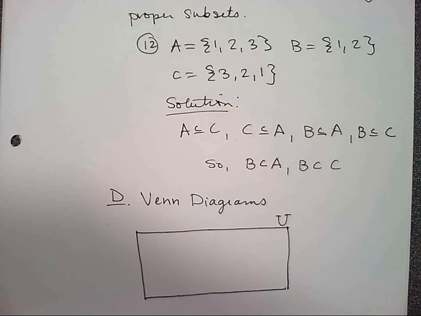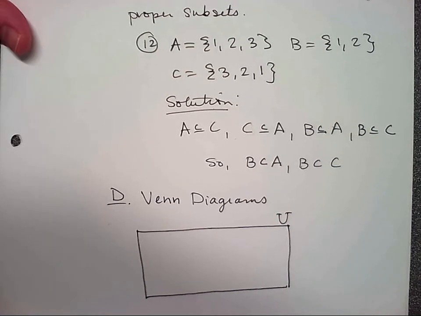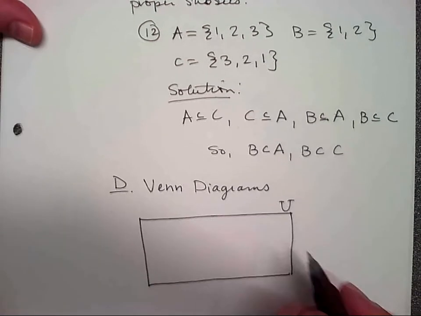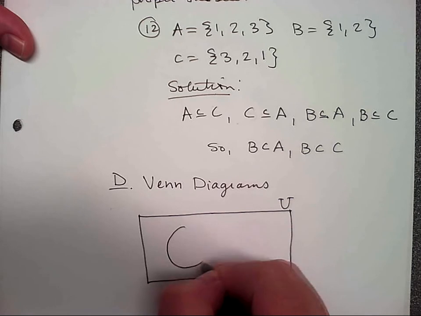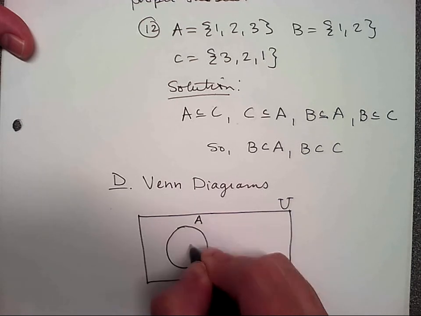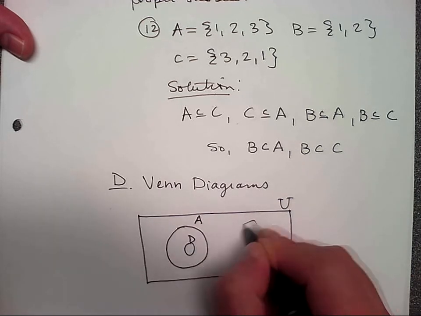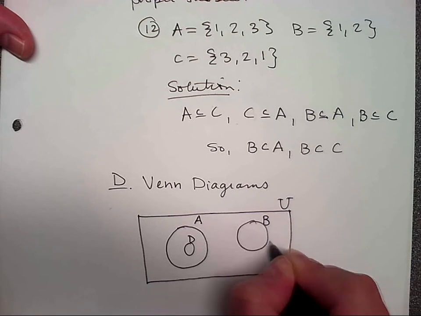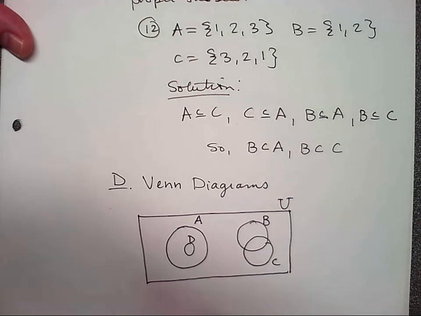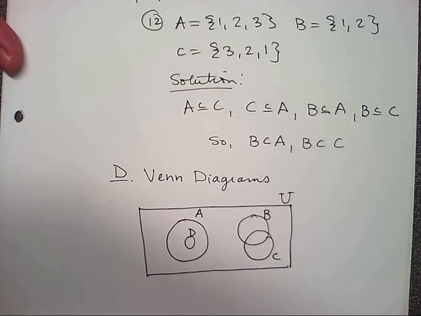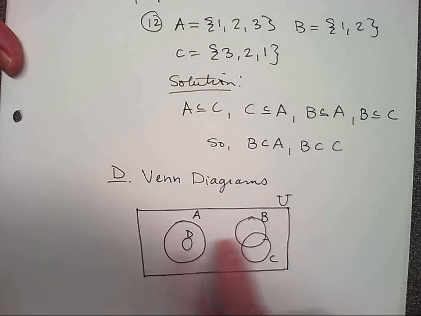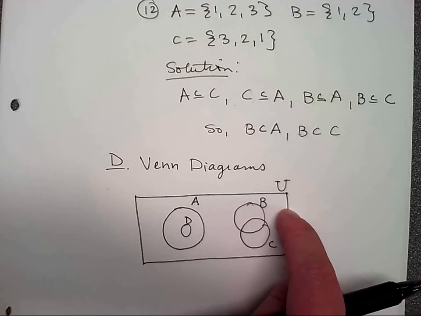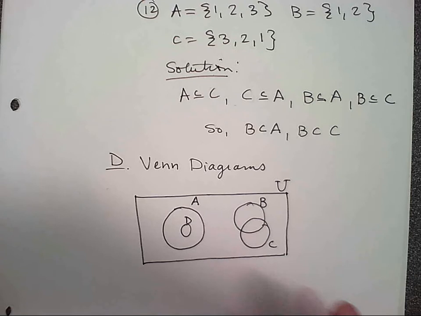And then we make sets as circles. Here's a set A. Here's a set B. Here's a set C. So that's just an example of what a Venn diagram looks like. Again, the big box is U, or the universal set. All elements being considered, and then you have other sets, and they can have different kinds of overlap, different kinds of circles.